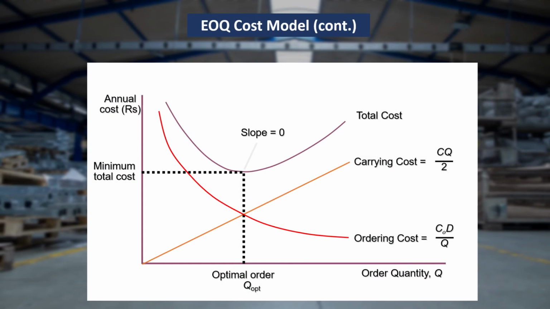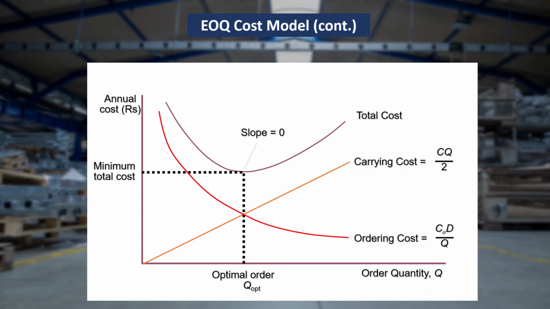Let us understand the concept using a graph. The question of identifying economic order quantity arises because the two costs are inversely proportional to each other. If you look at the ordering cost, when you increase the size of order, your ordering cost decreases, but your carrying cost increases. The quantity at which your total cost related to inventory is minimum is known as the EOQ.